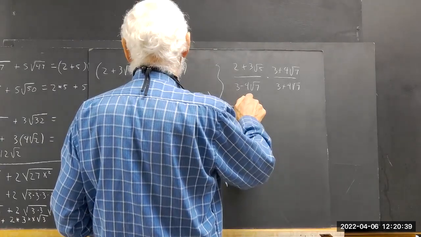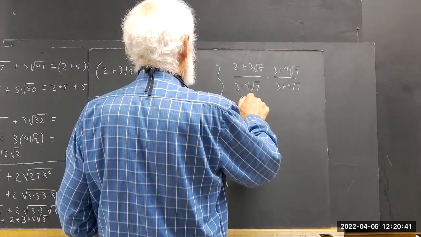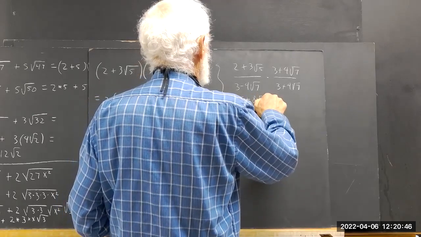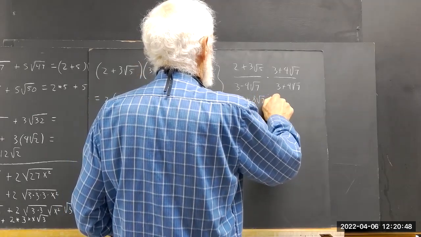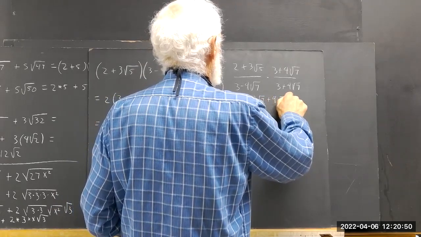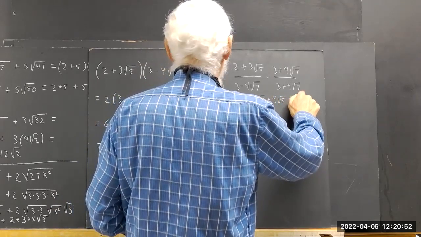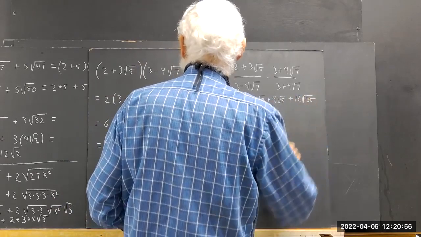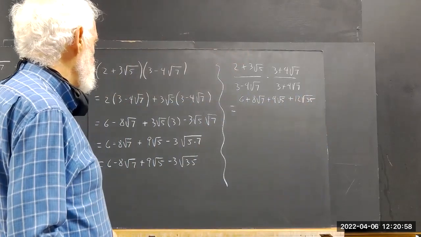We're going to get 6 plus 8 square root of 7 plus 9 square root of 5 plus 12 square root of 35. And you know what?